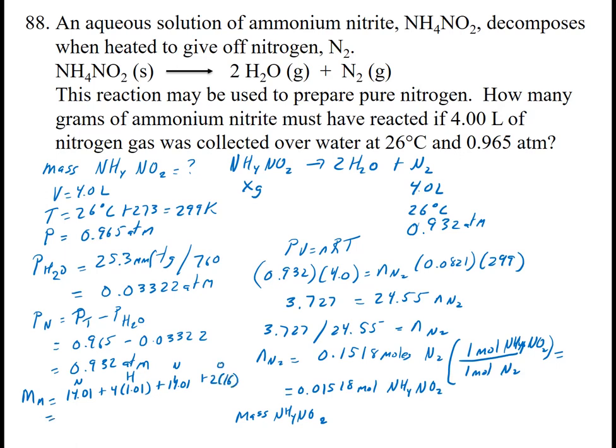That gives me a molar mass of 64.06 grams per mole. So 0.1518 times my molar mass of 64.06, and this was in chapter 3 where we learned how to do this. It gives me 9.73 grams of NH4NO2.